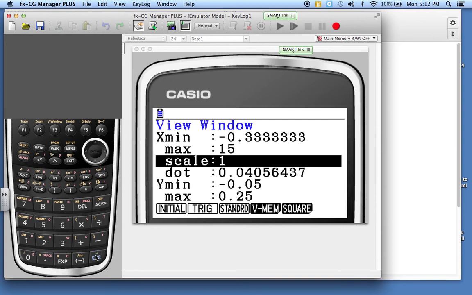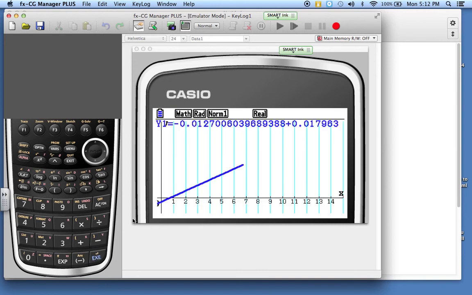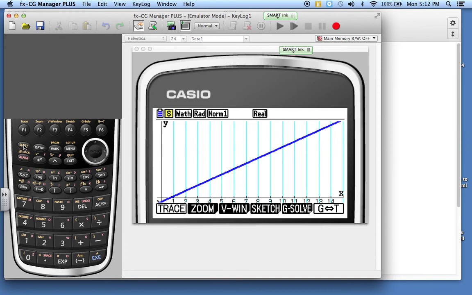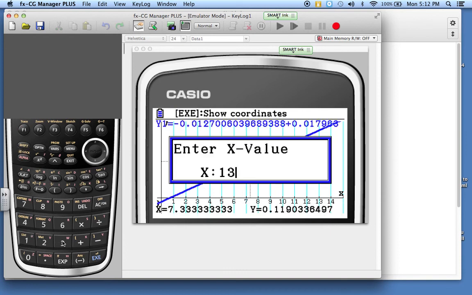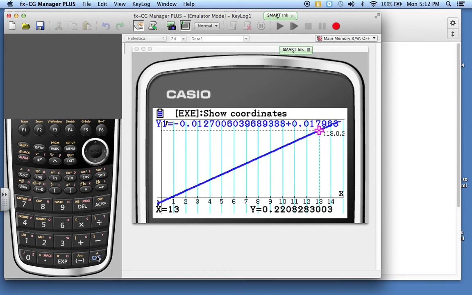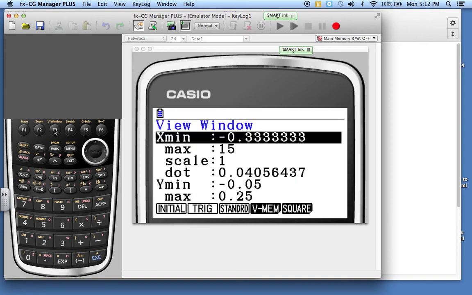Now, I'm going to use the feature shift trace. So shift trace. I'm going to type in the number 13, okay, and hit enter. What that is telling me is this. A person, let me do this again. Let me get my window here.